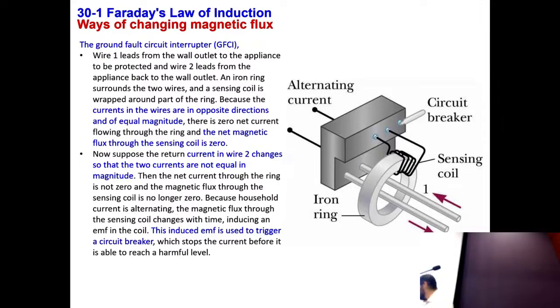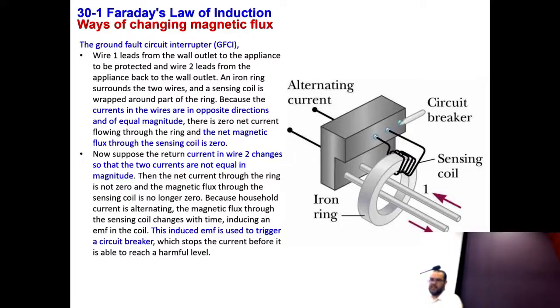However, if something wrong happens with the instrument and the current coming back decreases, because it's getting lost somewhere, there is a short, for example, this current will be less than this current, and then the magnetic flux is not going to be zero and it's going to be changing. As soon as the magnetic flux changes, this here will detect the magnetic field and it will trip the switch and open the circuit. So it will stop the current from flowing. This switch here will stop all the current flowing into the device.